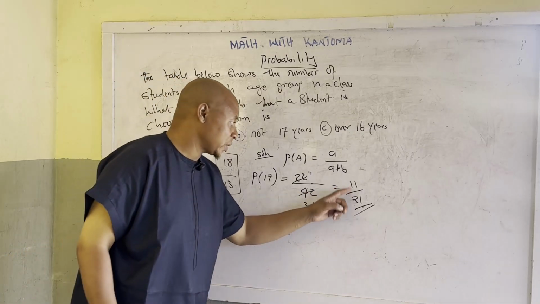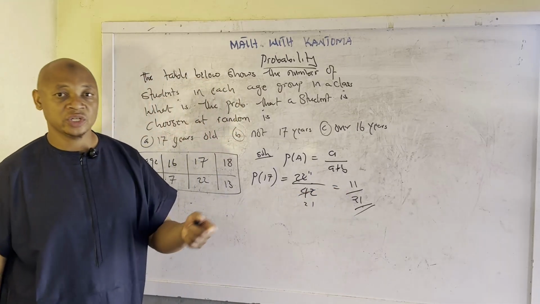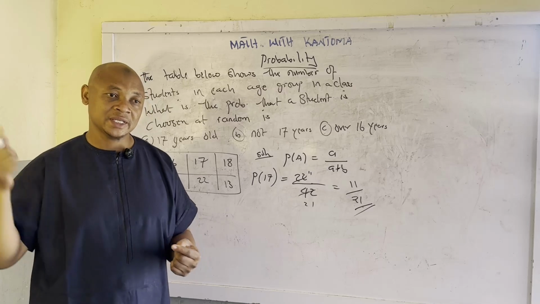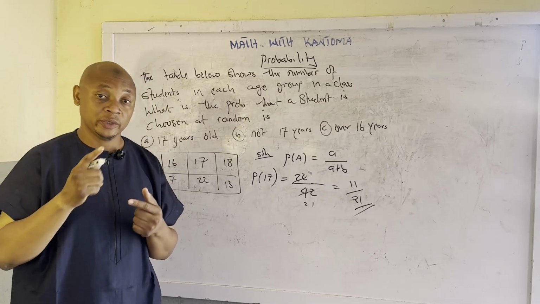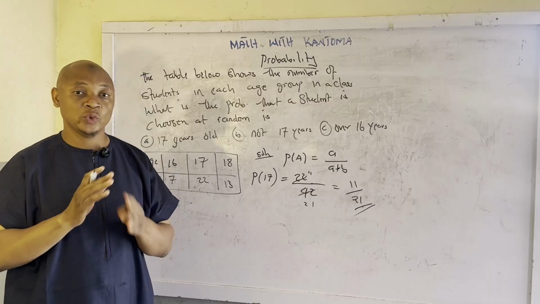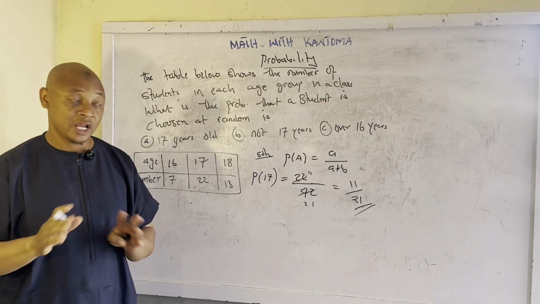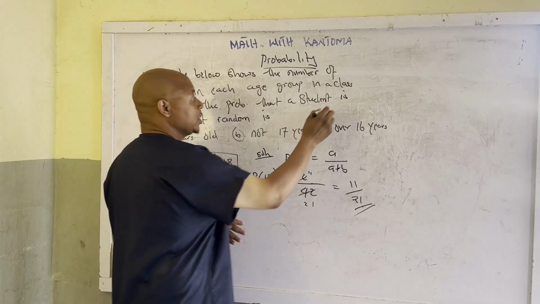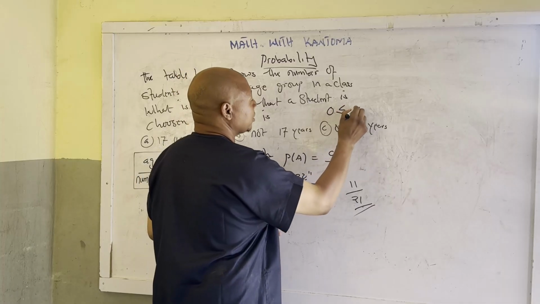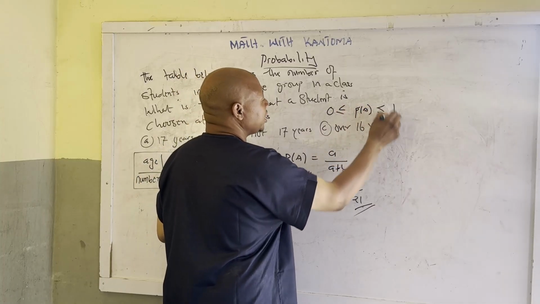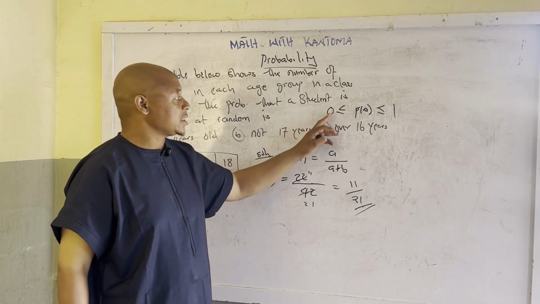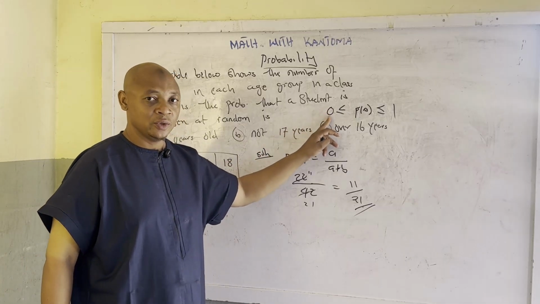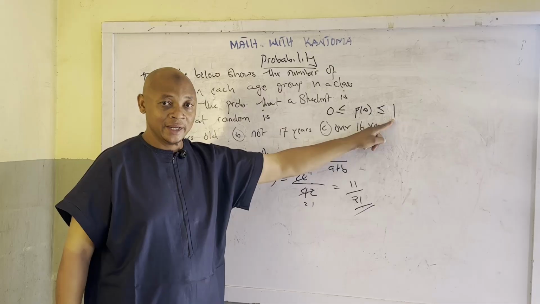So if you divide this with your calculator, 11 over 21 is going to give you 0 point something. So it satisfies the first axiom of probability, where we say the probability of an event is a dimensionless quantity which lies between 0 and 1. The probability of any event will never exceed this limit. It can be greater than 0, but it can never be greater than 1.